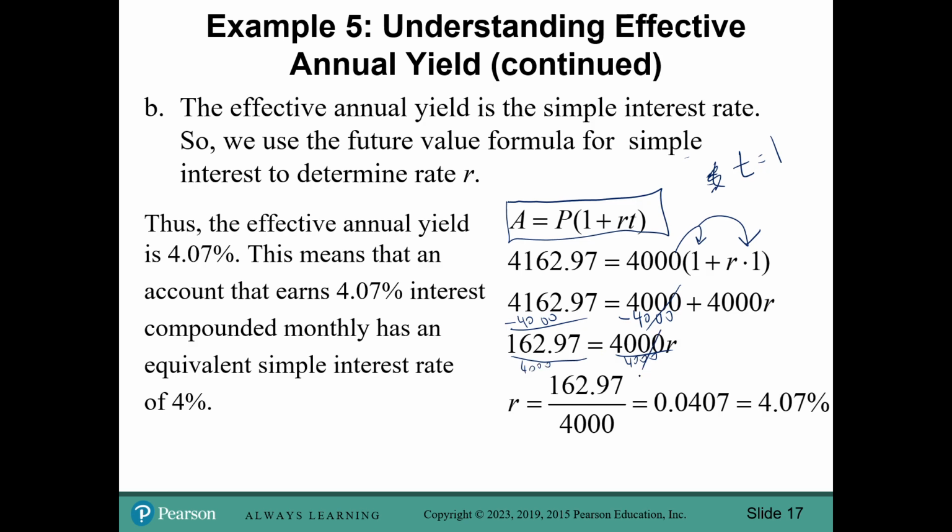So R is going to equal that 162.97 divided by 4,000, or essentially 4.07%. Thus, the effective annual yield is 4.07%. That means that an account that earns 4% interest compounded monthly has an equivalent simple interest rate of 4.07%. That's all it means.